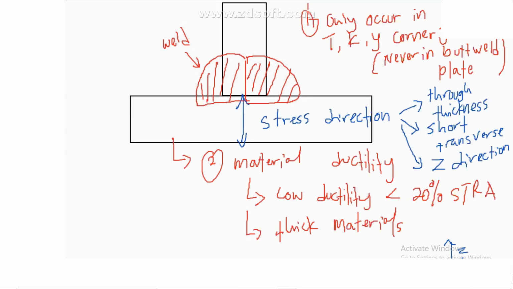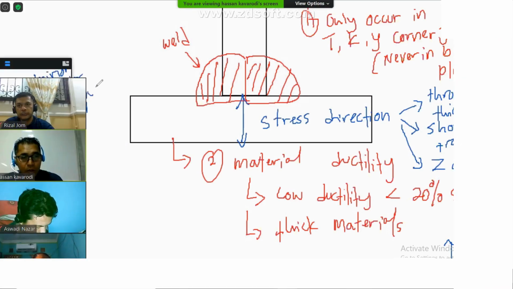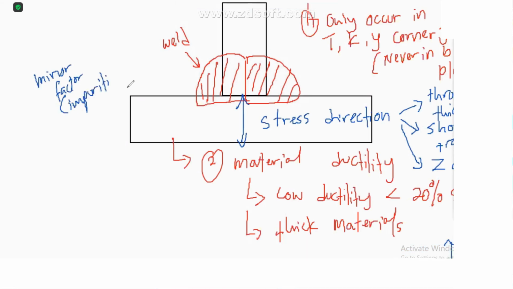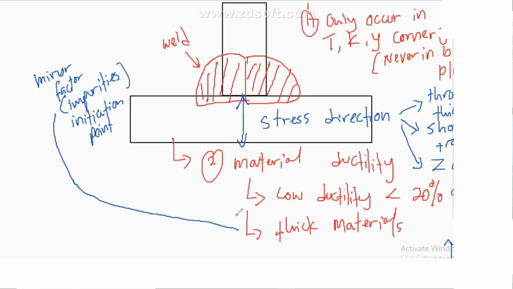Then another factor, which I can write down here as a minor factor, is the impurities, acting as initiation points. Like contamination in the steel making, so that's why impurities normally mainly occur in thick material.